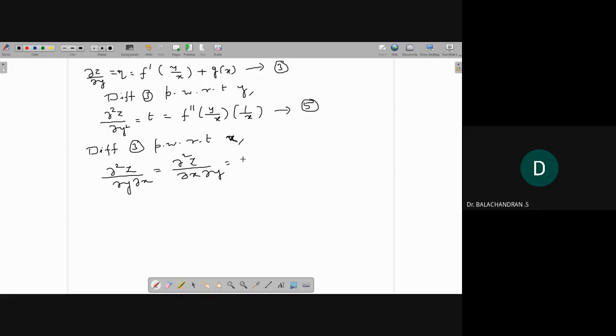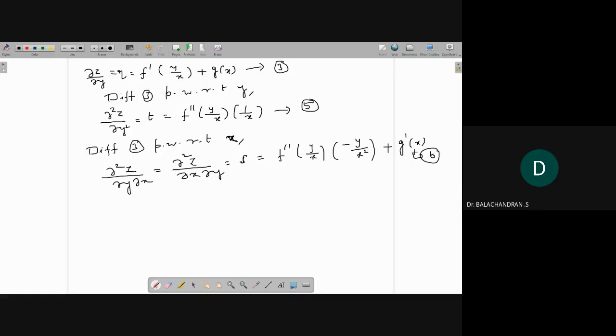If you differentiate equation 3 partially with respect to x, we'll get f double dash of y by x, and differentiating y by x with respect to x, you'll get minus y by x square, plus differentiating g of x with respect to x means g dash of x. This is equation number 6.